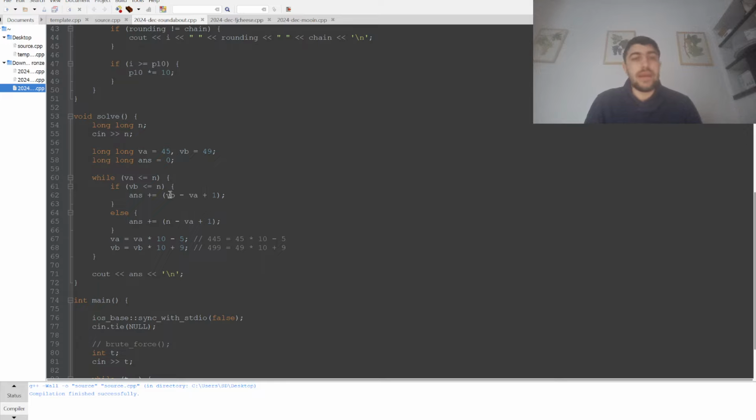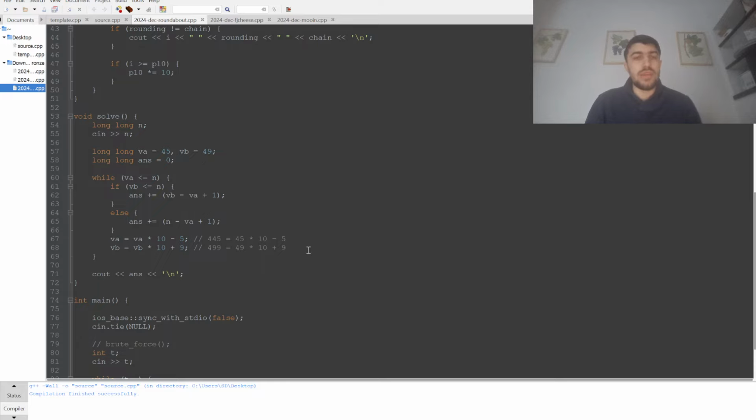Basically, if the entire range can be covered by n, then we just add up how many numbers we have in a range. This is a really standard problem. If you have a range a to b, you will have b minus a plus 1 numbers. So again, we used here some math.